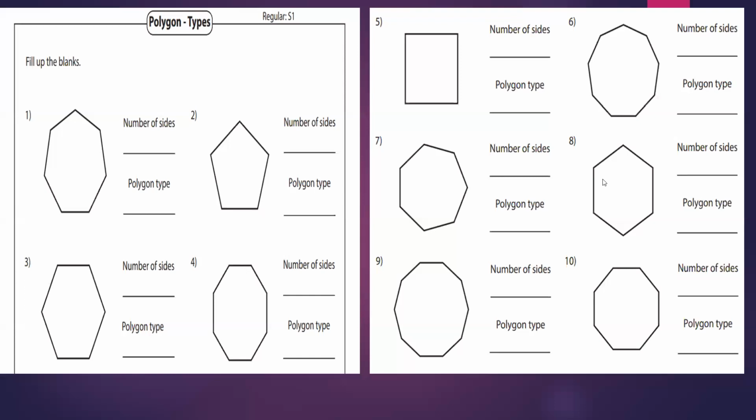Kamaya, what number are you on? 6. Kai, what number are you on? Number 10. Okay. Jeremiah Lines, what number are you on?